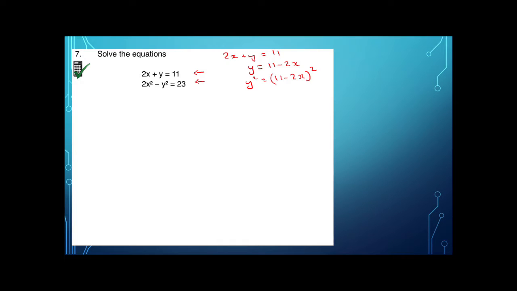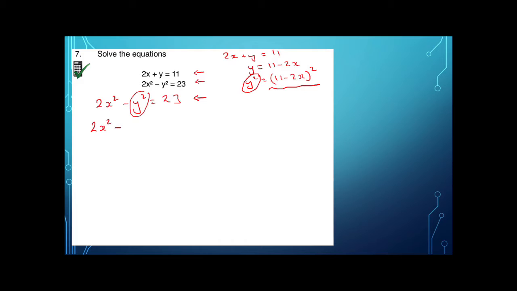Now the reason I'm going to do that is because the other equation is that, and at the moment we can't solve this because there's an x squared and a y squared, but if we could replace the y squared with something in terms of x, then we could solve it. Well, we have y squared here, and we could replace it with something in terms of x. So let's do that.